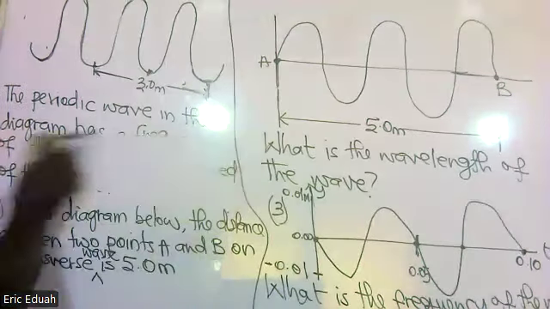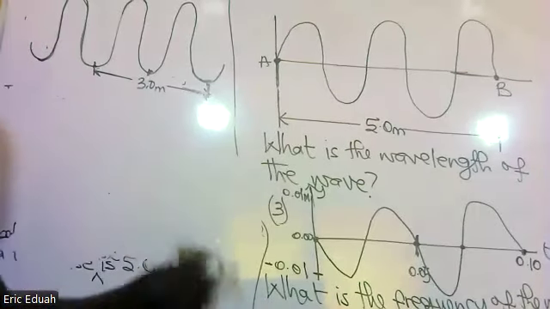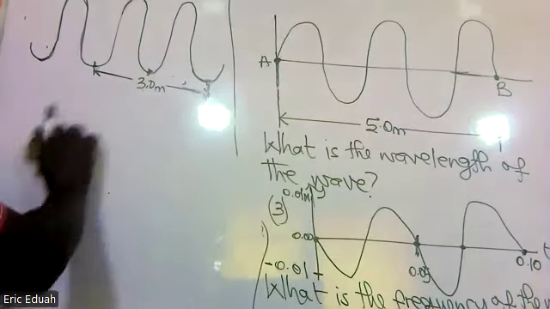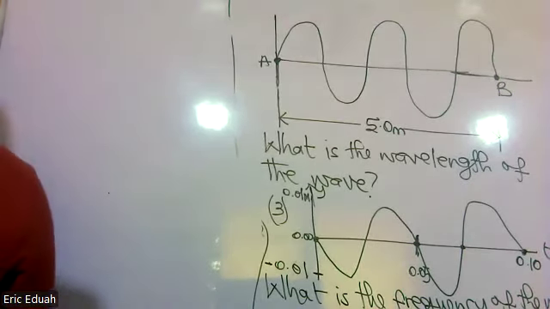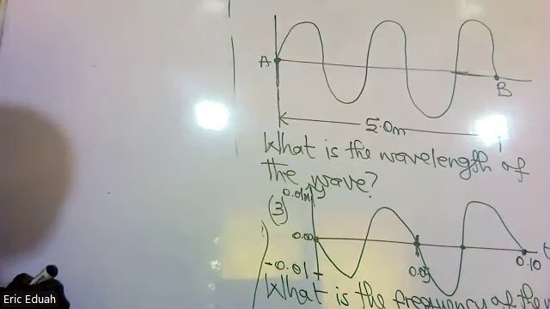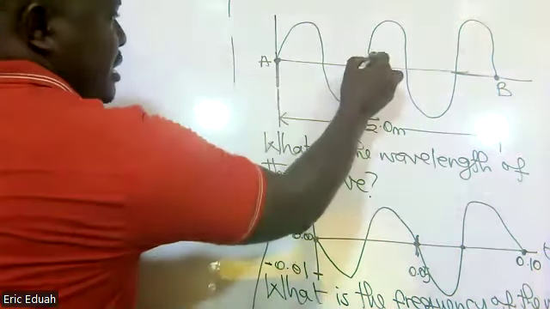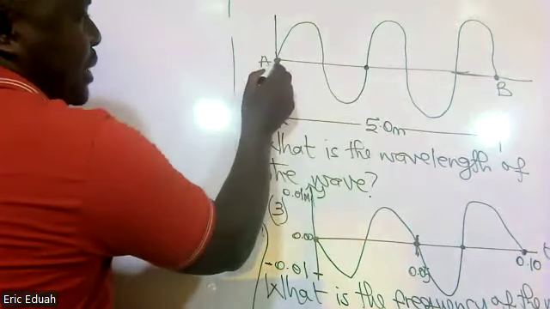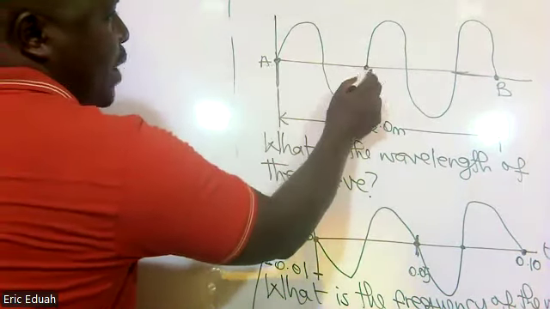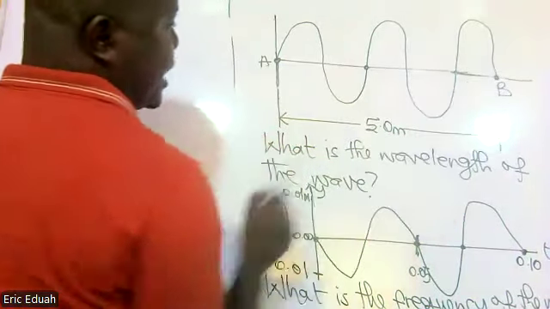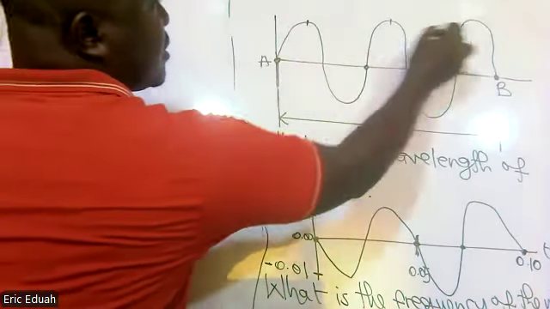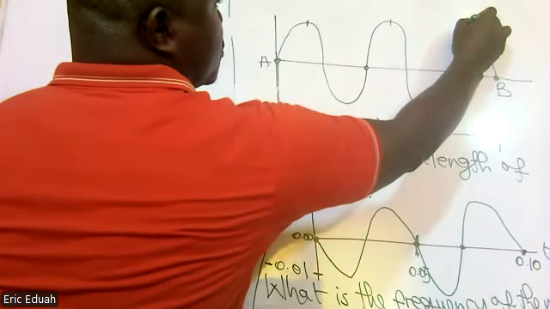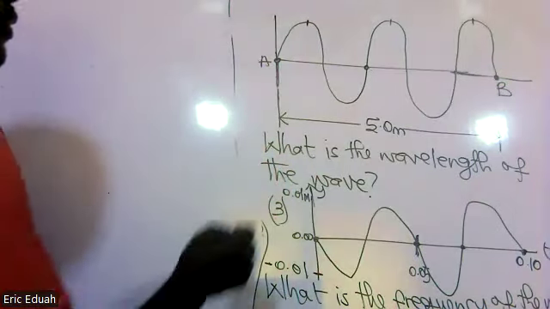Let's see. So the length from A to B is 5. Now, how many complete waves do we have in here? This is 1, if we are picking from this point in phase, 1, 2. So 2.5. If we are picking from crest to crest, this is 1, 2, 2.5.